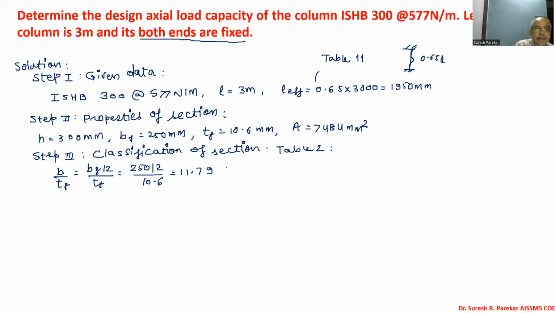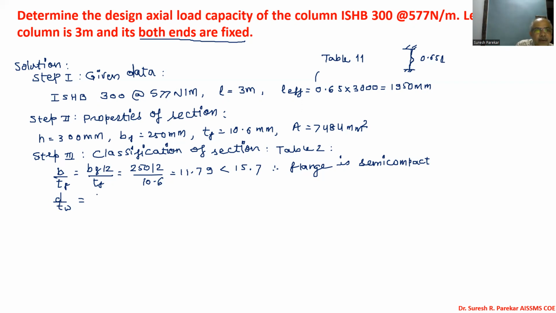and this is less than 15.7, and therefore flange is semi-compact. Now we will go d by tw. It is symmetrical, so neutral axis lies at center. So we have value of d by tw.